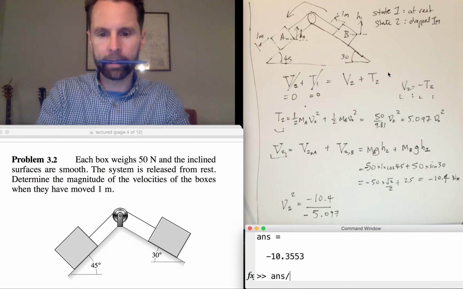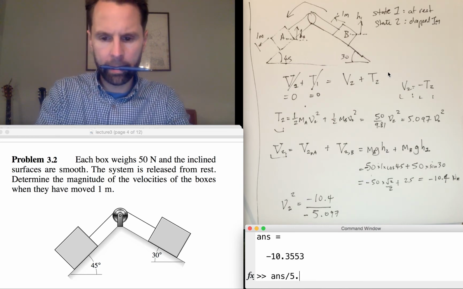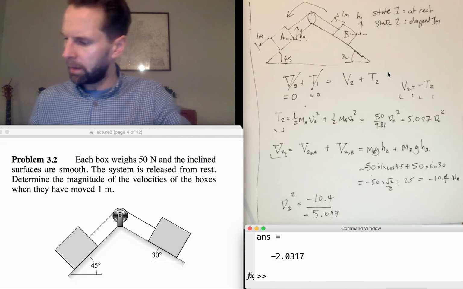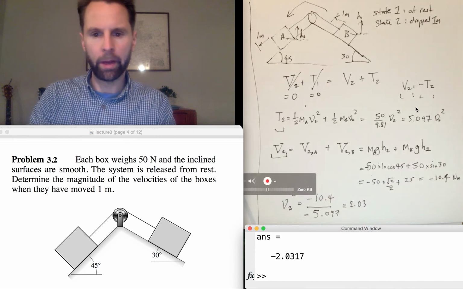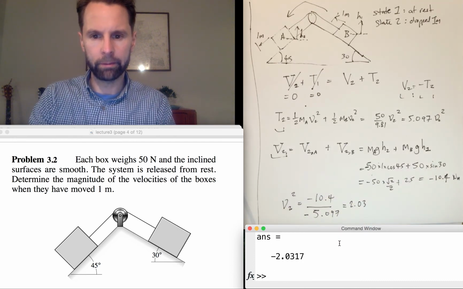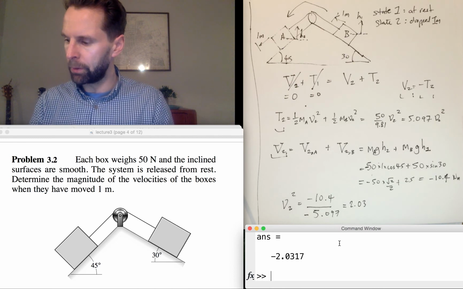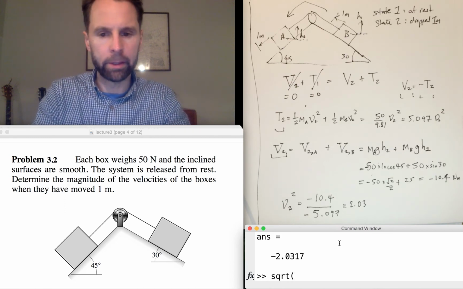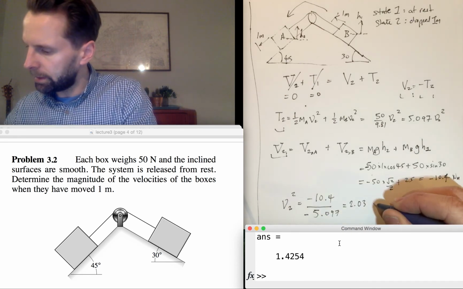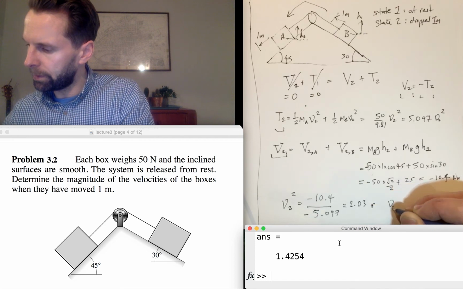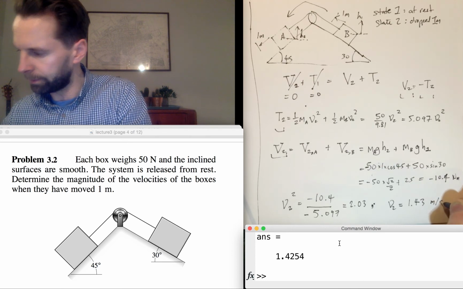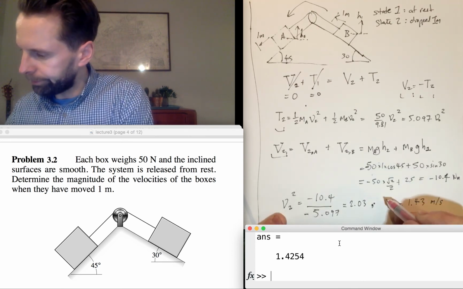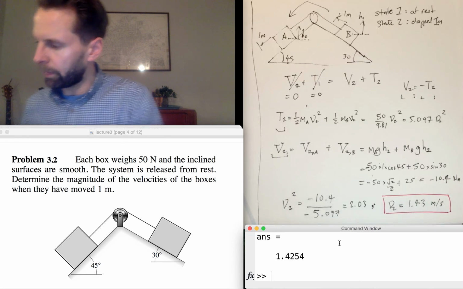So that's 2.03. I forgot to put the negative sign in that calculation if you check. So the square root of that gives us the speed. So v2 is equal to 1.43 meters per second. Brilliant. And I hope that's right.